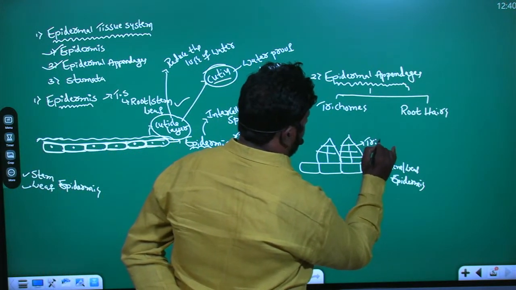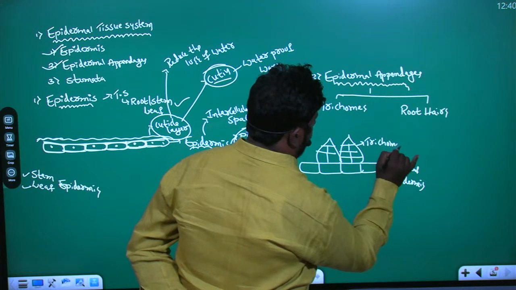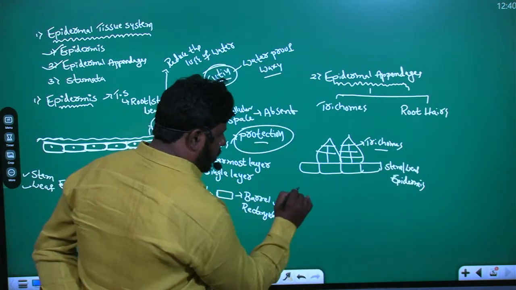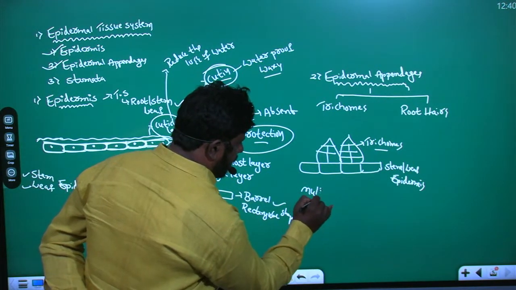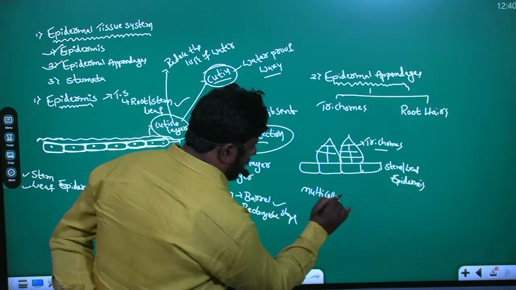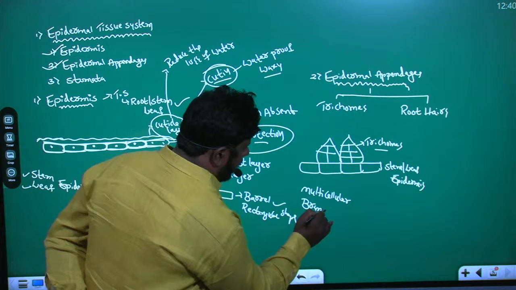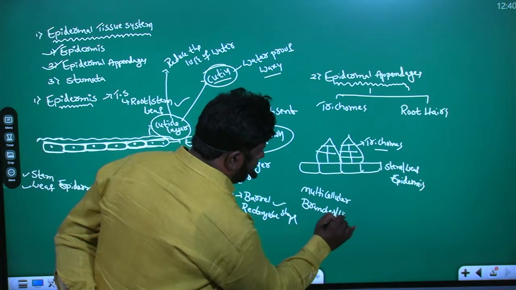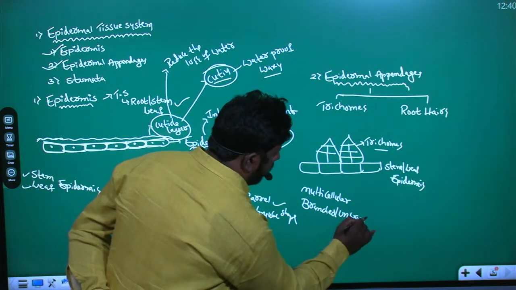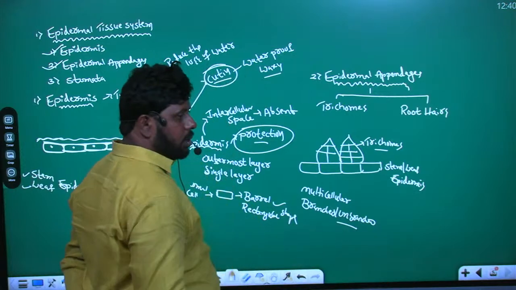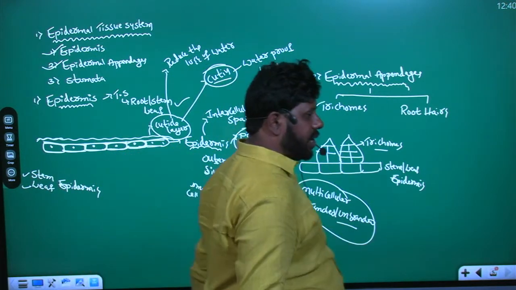These multicellular hair-like structures are called trichomes. Are trichomes unicellular or multicellular? Trichomes are multicellular. Sometimes they are branched, sometimes unbranched, may or may not be branched. These are the characters of trichome.